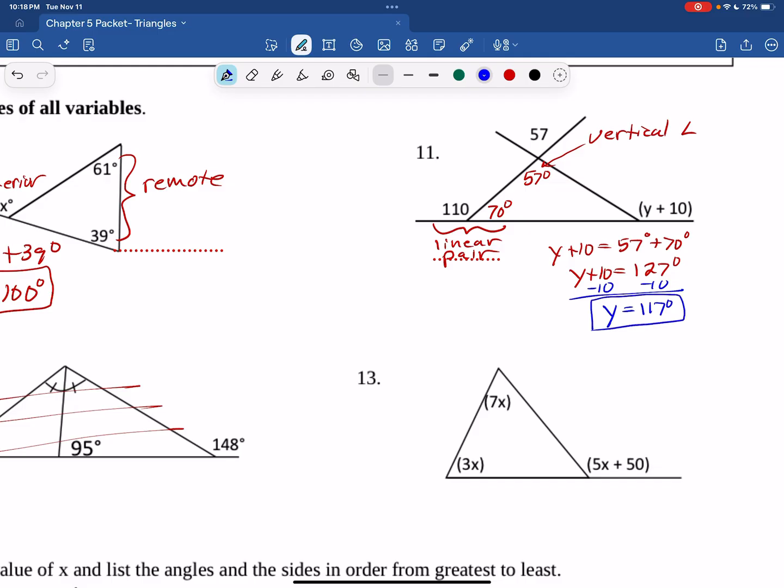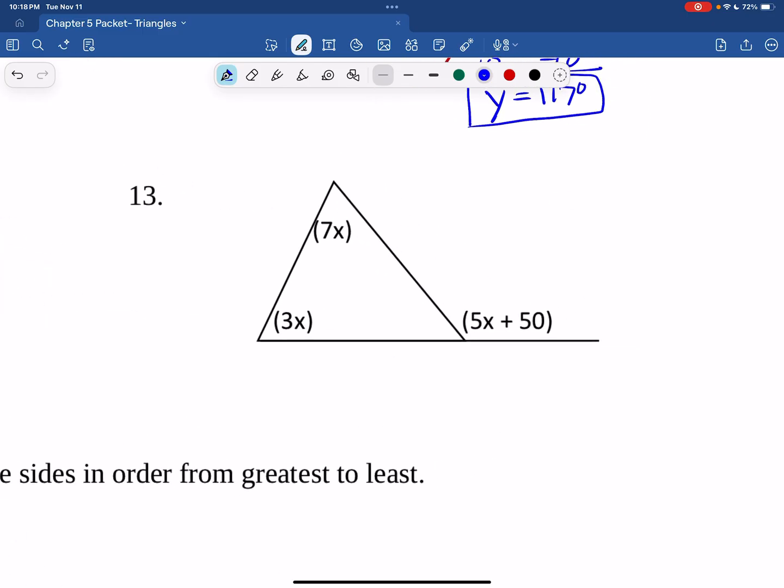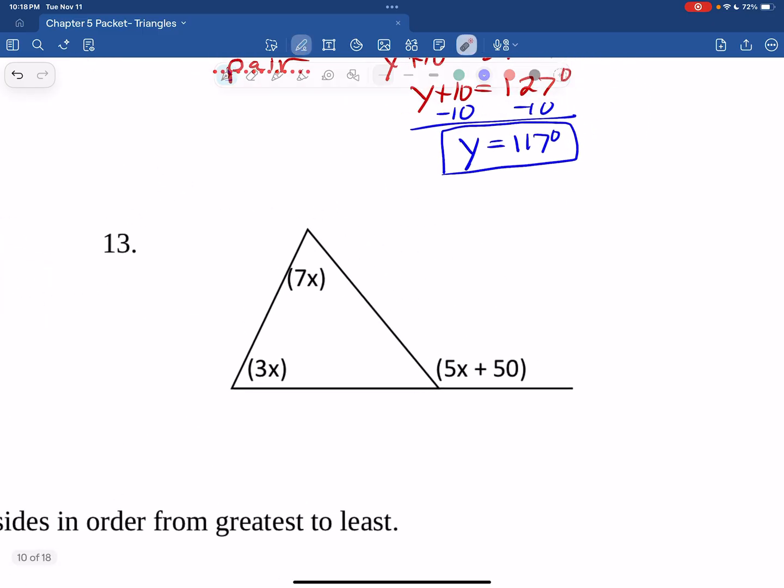All right, and then last one. Here we go. Got a little algebra on this one. Okay, this is my exterior angle. These are my two remote interior angles. So the equation will be 5x plus 50 equals 3x plus 7x.